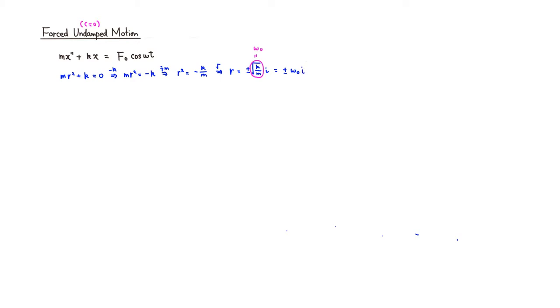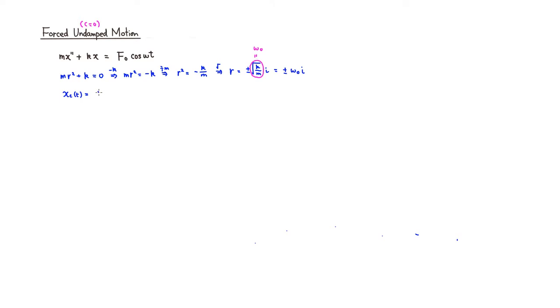So this way we know that the complementary solution x_c of t can be written as a sine of omega t and a cosine of omega t.